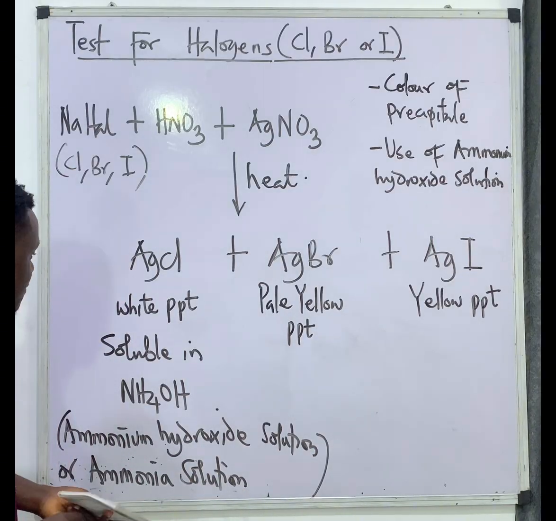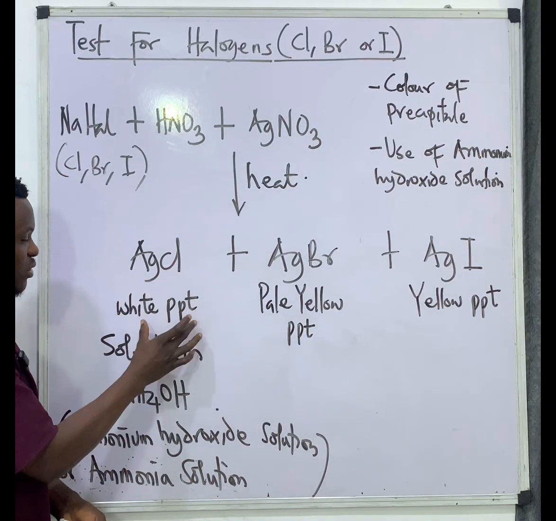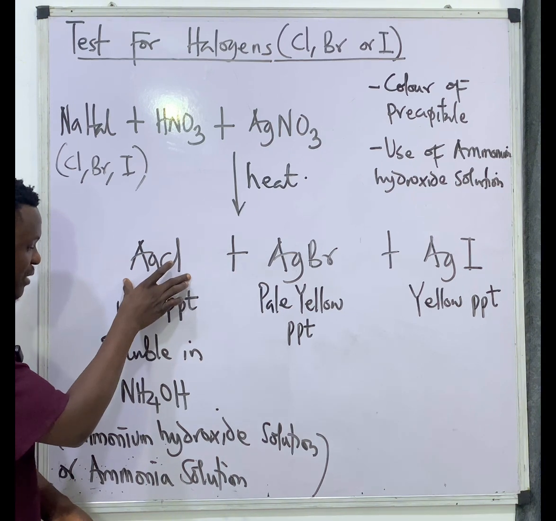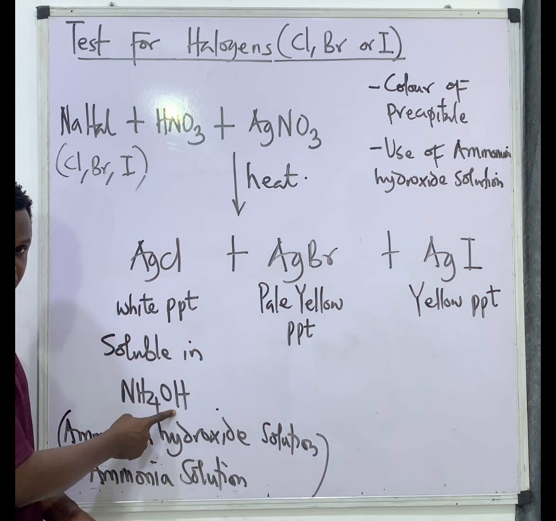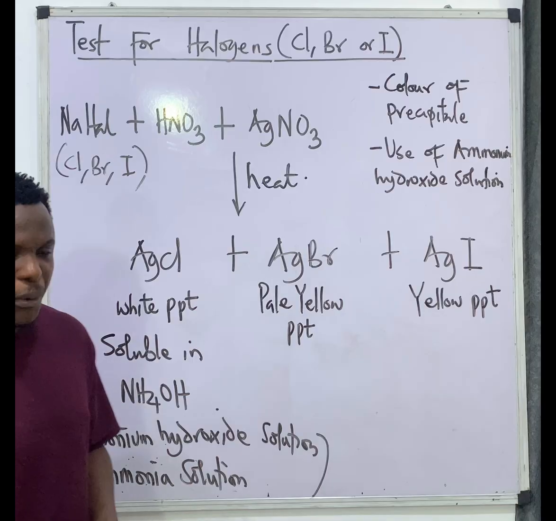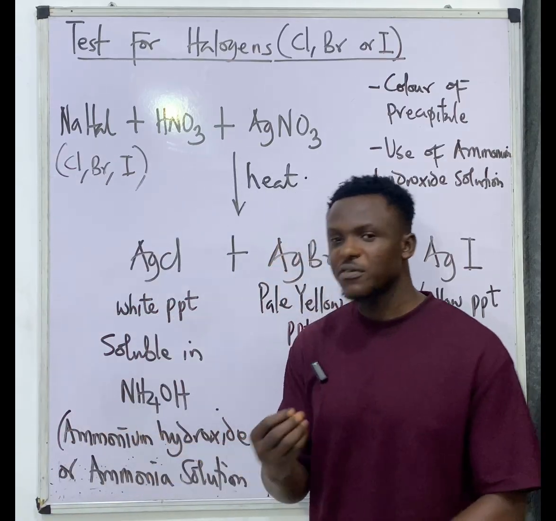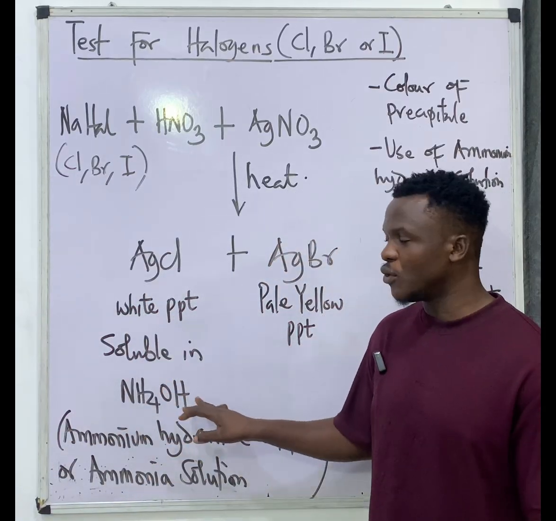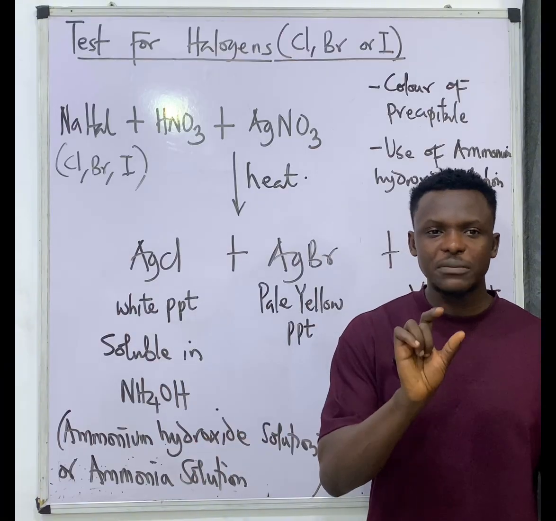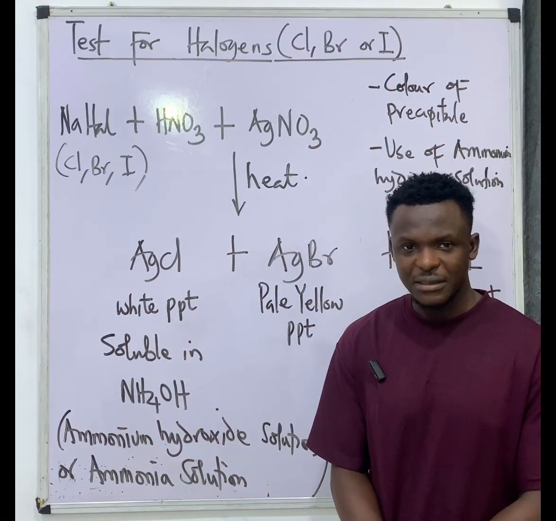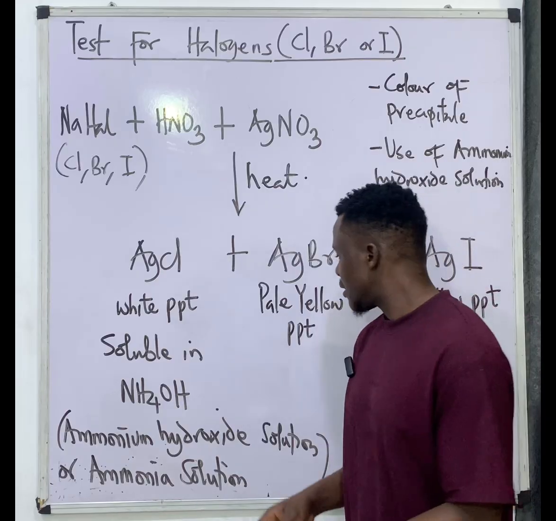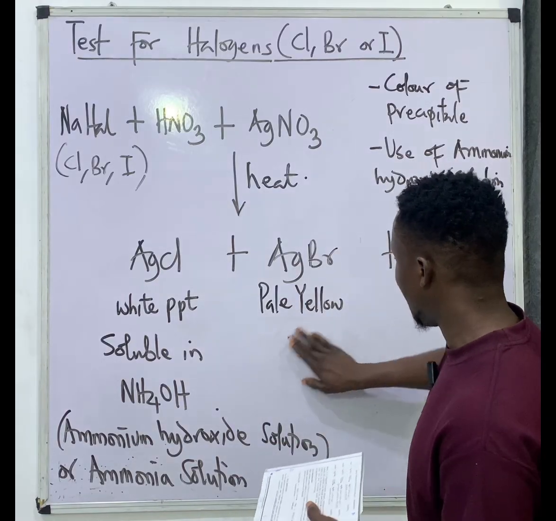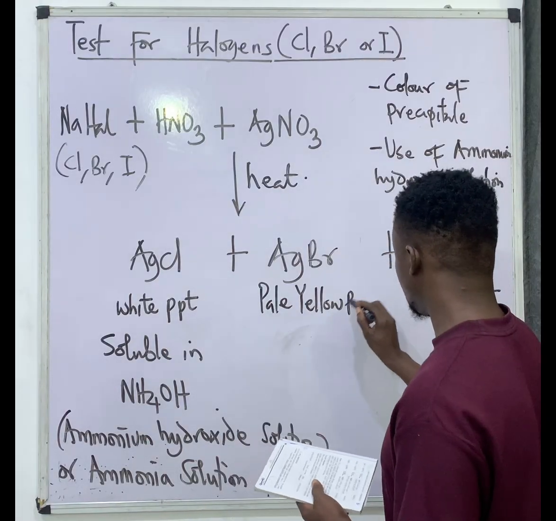So we said this is a white precipitate, and this white precipitate, silver chloride, is always soluble in ammonium hydroxide. So in the case of exams, if you're told that a precipitate was formed that is soluble in ammonium hydroxide, even without mentioning the white PPT, it is silver chloride. Now, how does this second guy fare inside ammonium hydroxide solution?